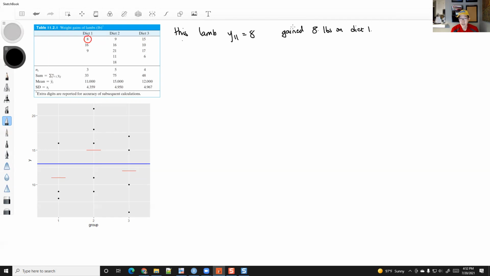And we say it contributes how much? It contributes 8 minus 13 squared, or that's 25, to the total sum of squares. So this lamb contributes 25 square pounds, whatever that is, to the total sum of squares. And what we want to do is decompose the total sum of squares into differences between groups and just individual differences.